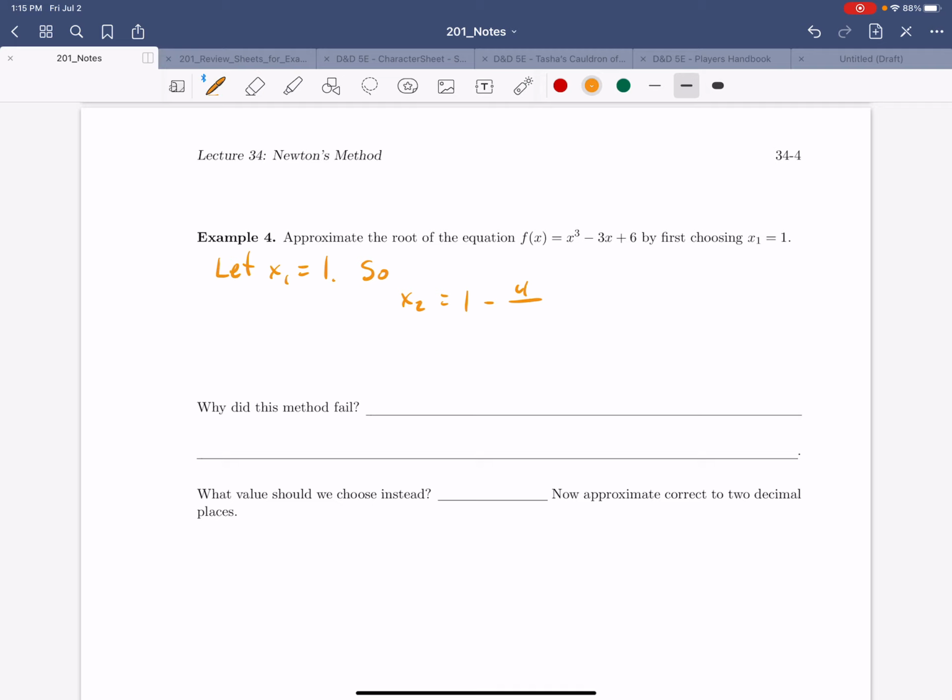Over f prime of 1, which is... Let's see the problem. 1 minus 4 over 3 times 1 squared minus 3. Why did this method fail? Right? This is 0.